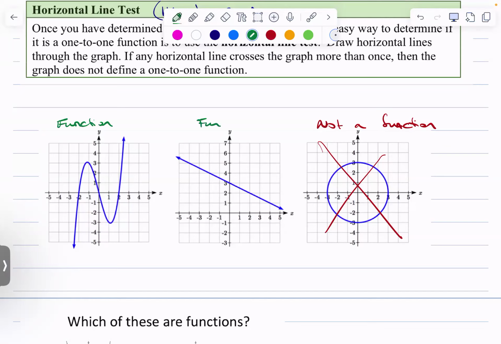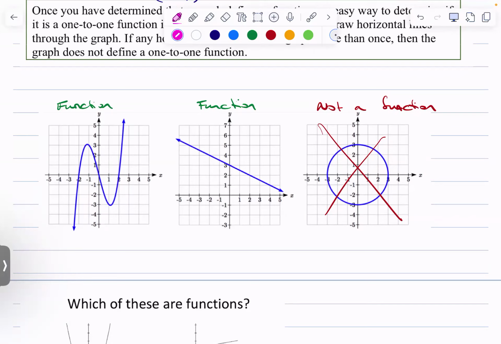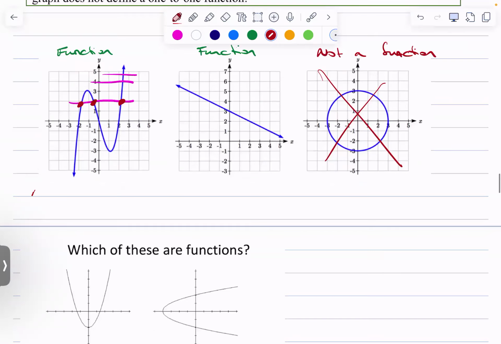And we said this is a function. So now, once we have a function, draw your horizontal lines. It's looking good up here, but then when I move down here, all of a sudden, I'm crossing not one, not two, but 3 times. And so it's not one-to-one. Okay? But it is a function, but it's not one-to-one.